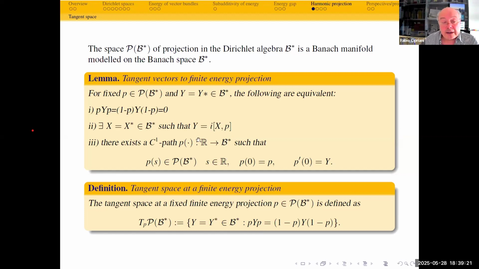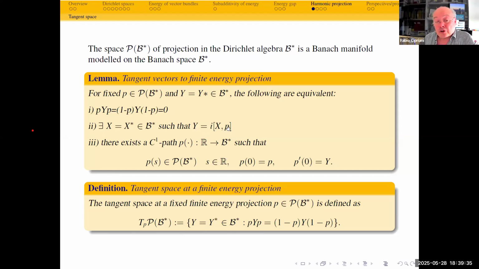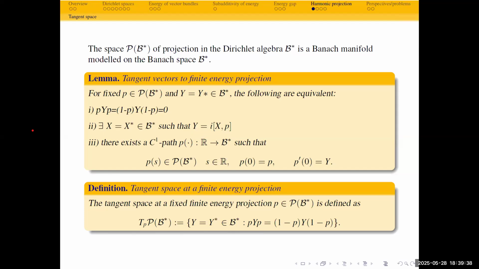This property is equivalent to the representation of this element Y as a commutator between a certain element X and the projection P. There is a third.